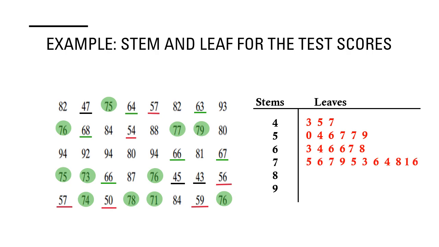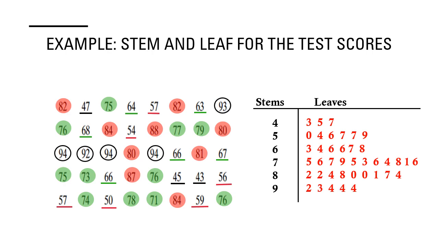So keep in mind, how do we read these numbers? 75, 76, 77, 79, 48, and 49. So this is the stem and leaf plot for the test scores.